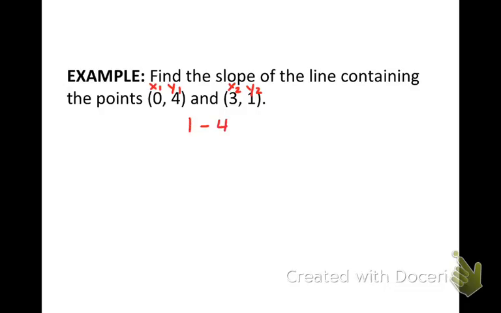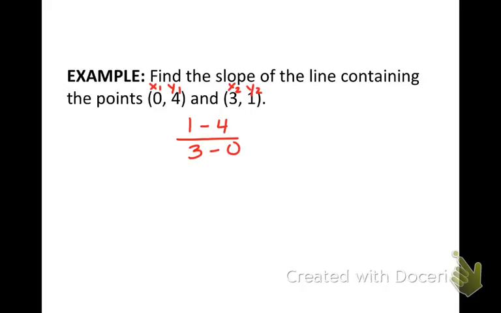1 minus 4. Would it be incorrect to do 4 minus 1? No. But I need to make sure that the corresponding x's align. So if I'm doing 1 minus 4, what does my denominator need to have for a difference? 3 minus 0, because the 3 and the 1 correspond together, and the 0 and the 4 correspond together.